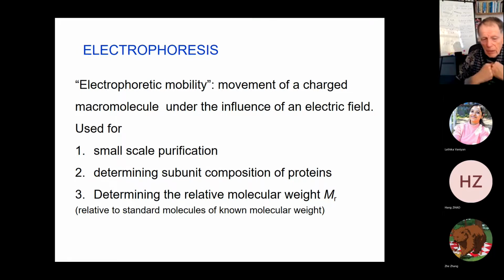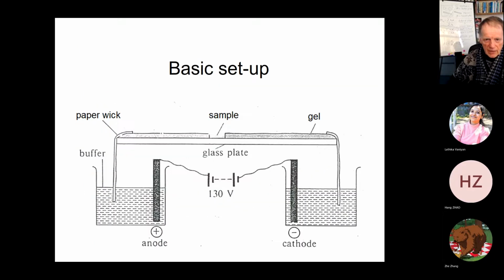Or many polysaccharides have charges, either negative charges such as alginates and pectins, or positive charges like chitosans, and they will also move under the influence of an electrical field. Electrophoresis is used for small-scale purification. In the protein world, it's for determining subunit composition of proteins and for determining the relative molecular weights relative to standard molecules of known molecular weight.